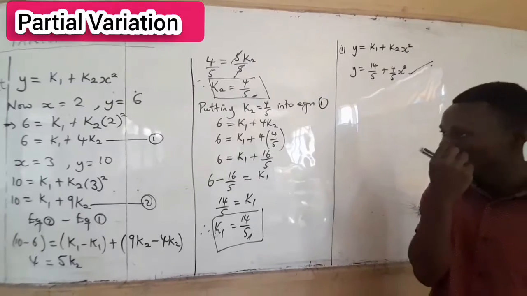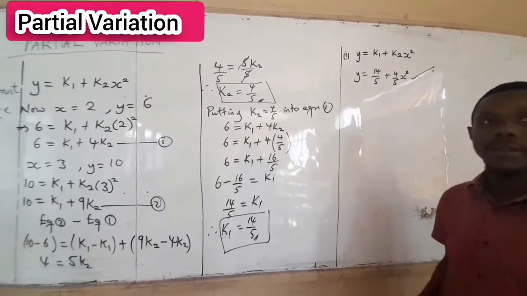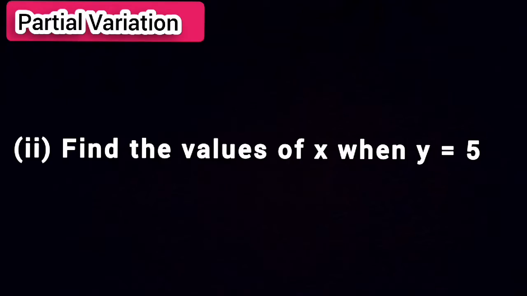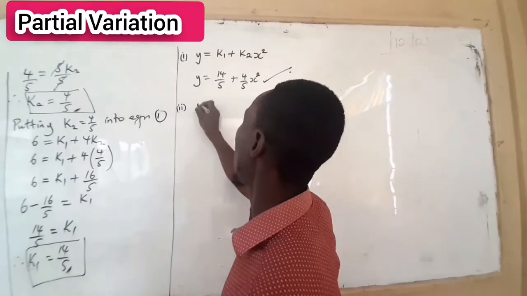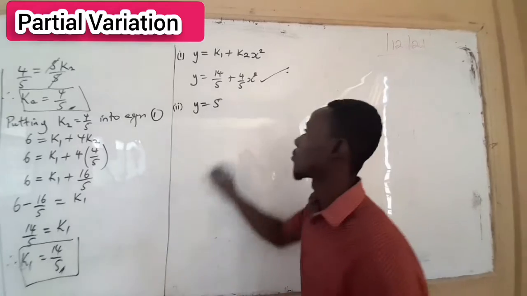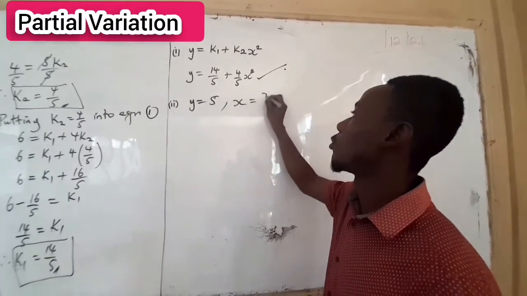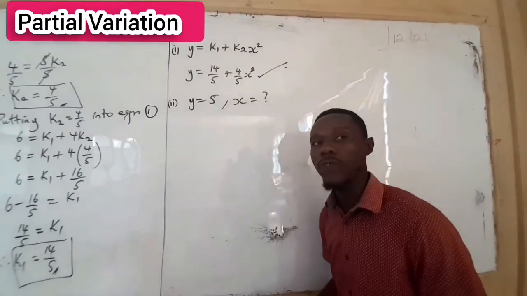Now let's move on to the I part. The I part also states, find the value of x when y is equal to 5. For y equal to 5, x we don't know. That's what we are going to find.